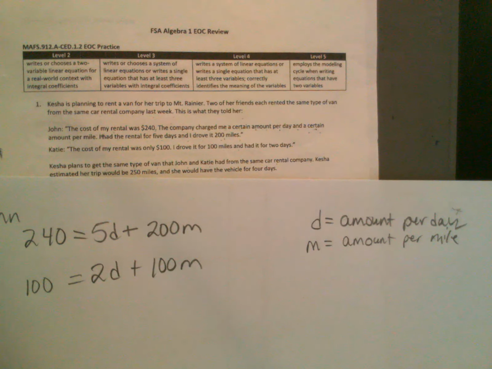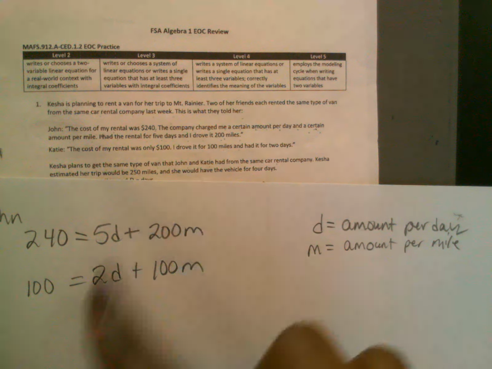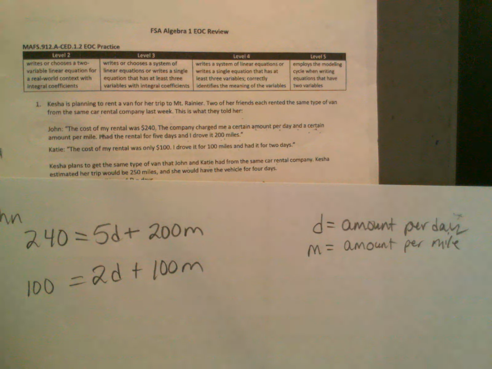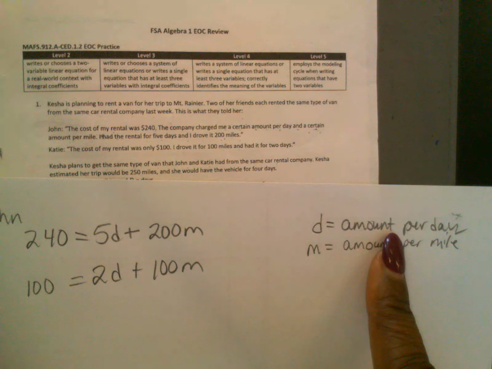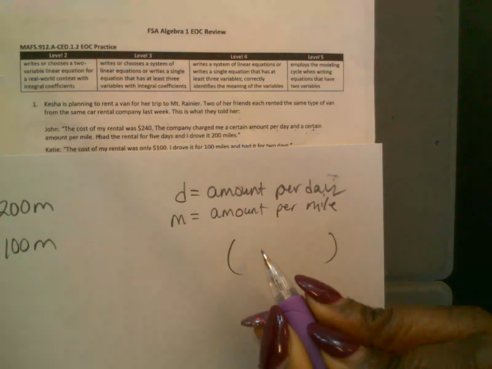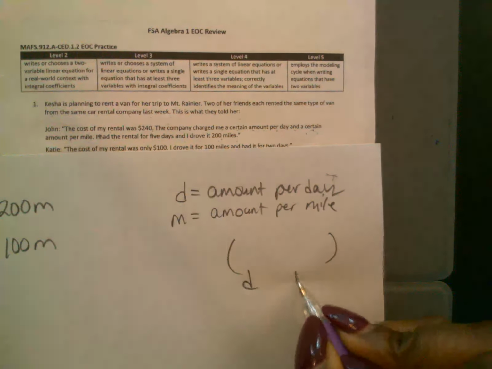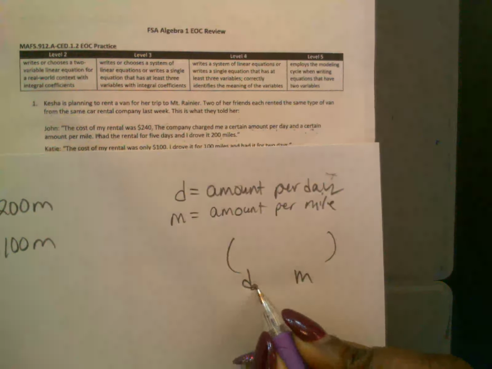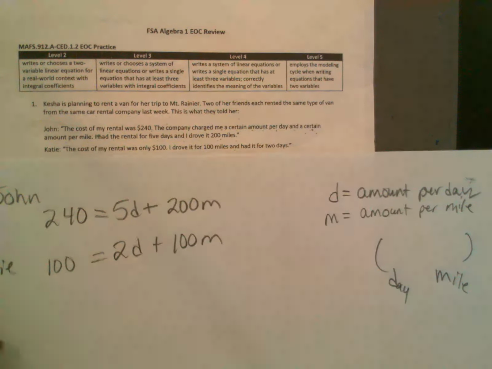Now let's use the elimination method to solve it and find the amount per day and the amount per mile. So the daily amount and then the mile amount. Let's solve this system.